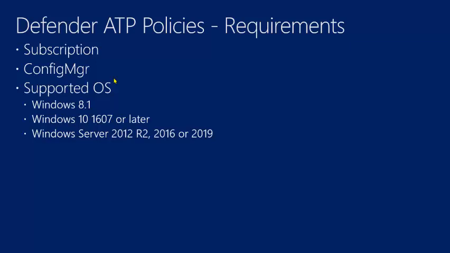This ATP Security Center is not one that was easily accessed in terms of setting up demos. I finally got a solution to be able to do it, but it took me some time, and that's okay, right? As a customer, you won't have any problem at all getting there, but for me, it was a little bit of hoops to jump through to get to it, but we have it.